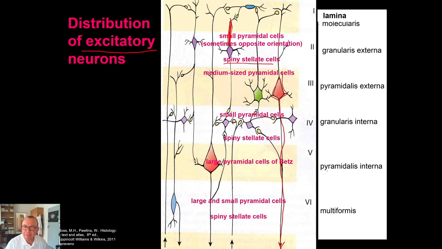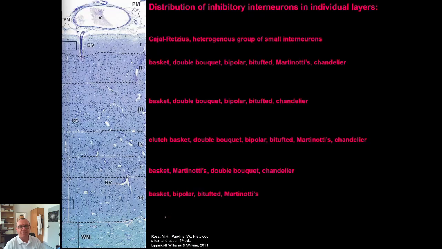And now we are finally in the lamina pyramidalis interna, where are really the biggest pyramidal cells, the Betz cells. Betz cells are here. And lamina multiformis contains variable sizes of pyramidal cells, and again it is the third layer containing spiny stellate cells. So it is the distribution of excitatory neurons in the cortex.